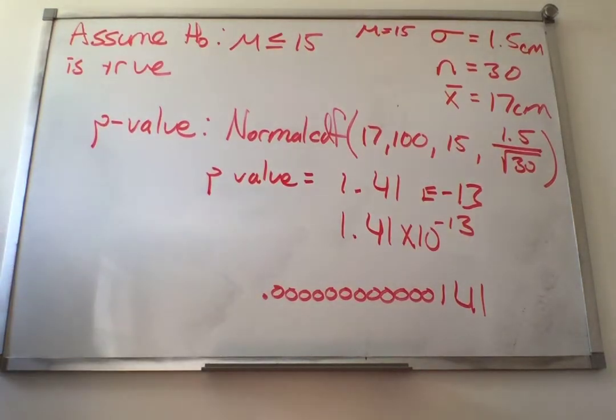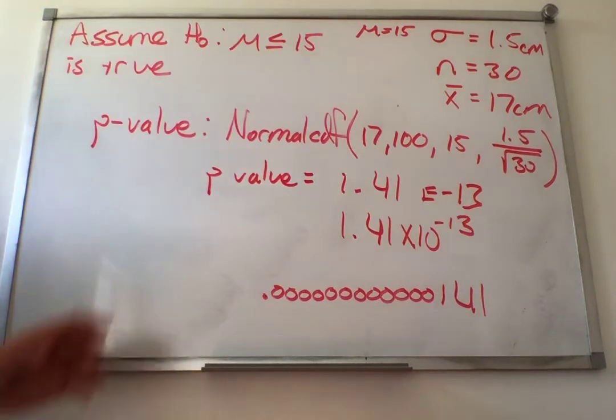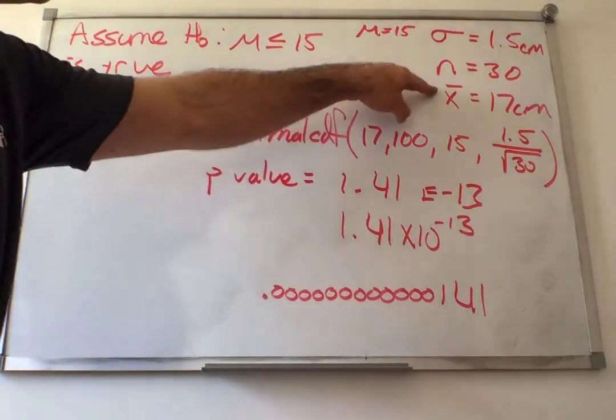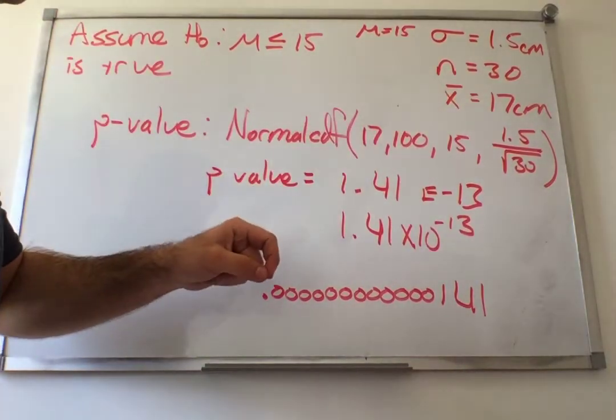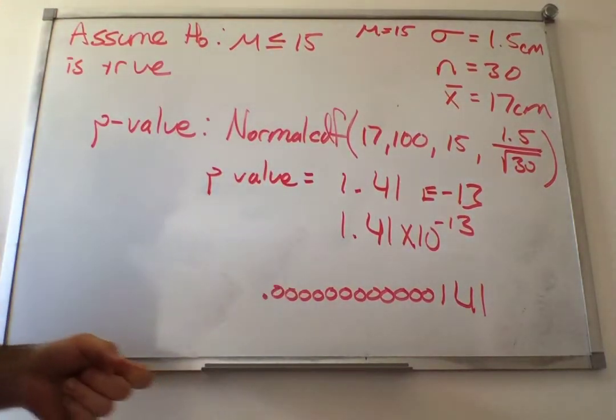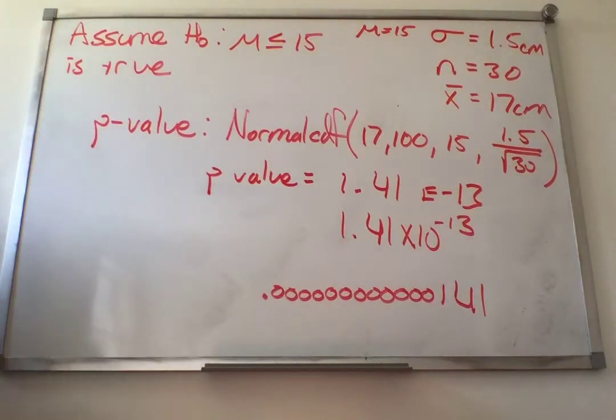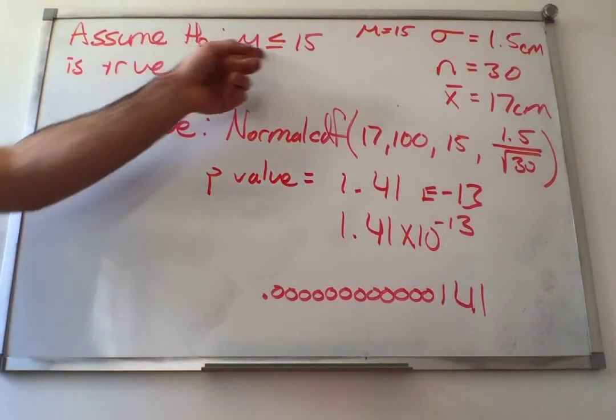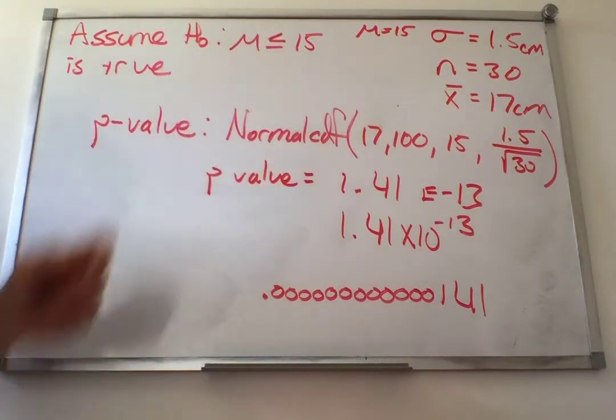That means if we were to collect a sample, we should not have gotten a sample mean of 17. That's a really low probability, and that's assuming our null hypothesis was true.